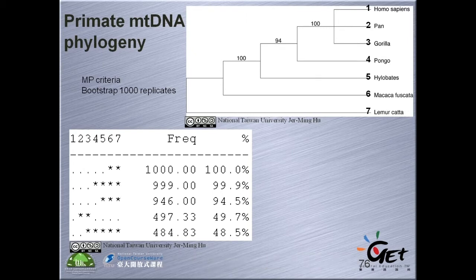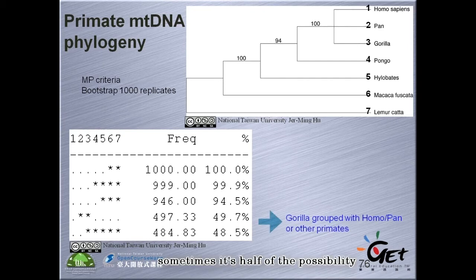So in the consensus tree, you probably cannot see that, but from the table you can see these things as well. And also you will see there's another number, 3 to 7 grouping, with 48%. So this is probably the reason why it was not resolved, because number 3, the gorilla, half of the time will group with 2, but the other half will group with the others.